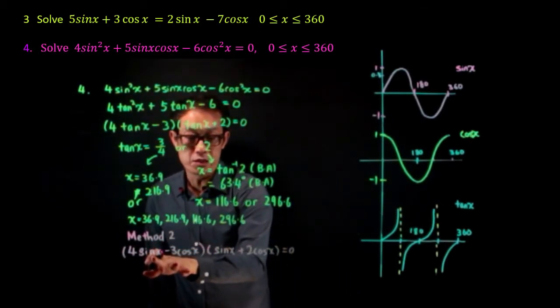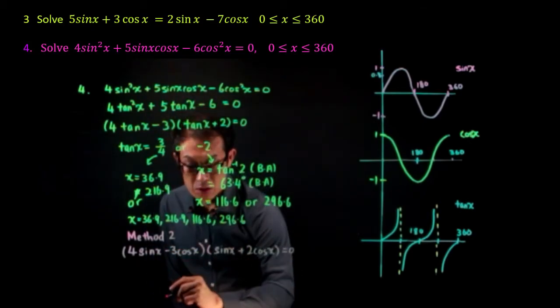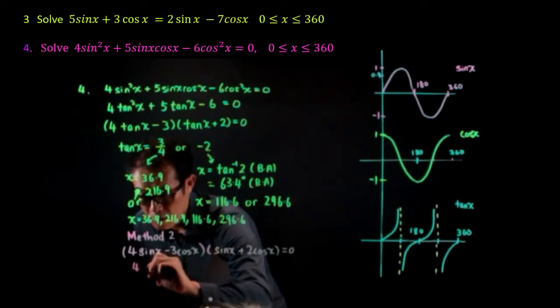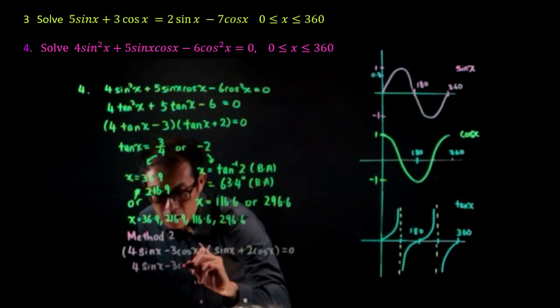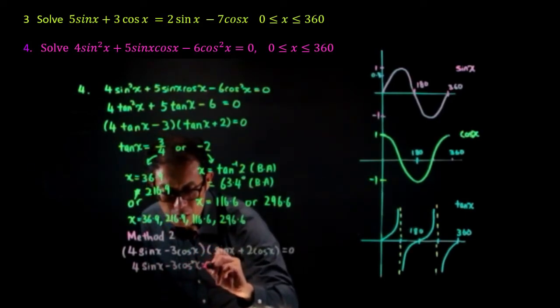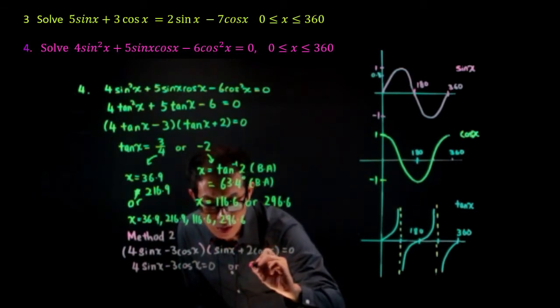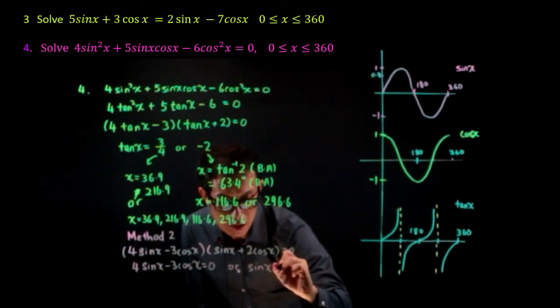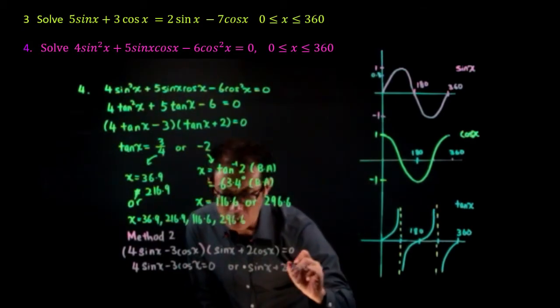That means this is equal to 0 or this is equal to 0. Okay, so you have 4 sine x minus 3 cos x equals to 0, or sine x plus 2 cos x equals to 0.